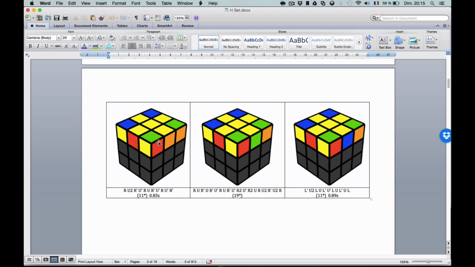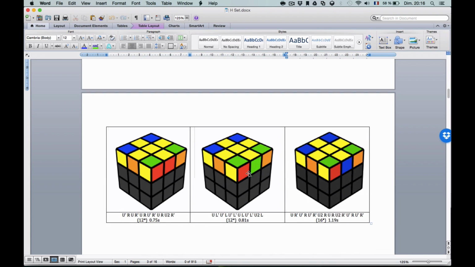And for the third one, if this piece matches up with this one, I look here and see that these 2 are opposite. But here, since they are adjacent, I look at these 2 pieces here. If they are the same, I perform this algorithm. And if they are not the same, if they are opposite, I perform this algorithm.